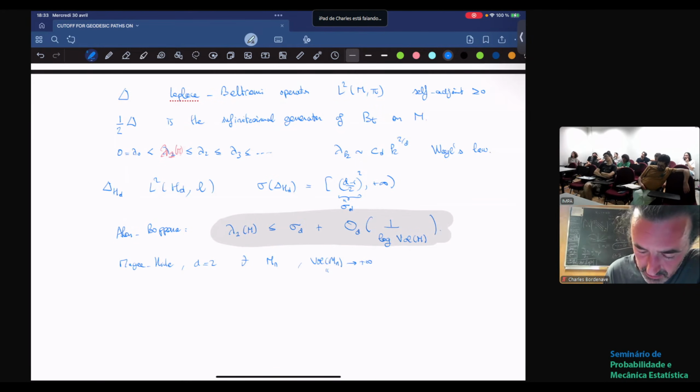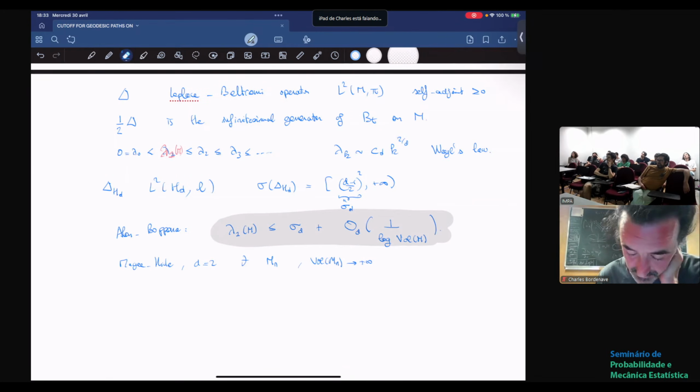By Gauss-Bonnet, for surfaces the volume is simply 2 pi times g_n, the genus. So there exists a sequence of hyperbolic surfaces of volume going to infinity, such that lambda 1 of them is equal to sigma_d plus little o of 1.